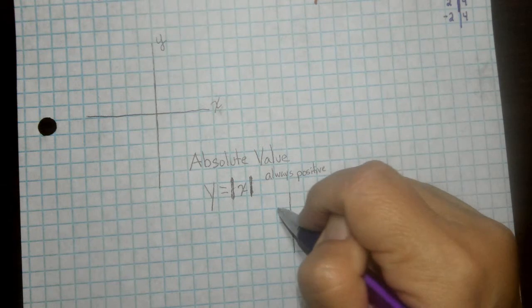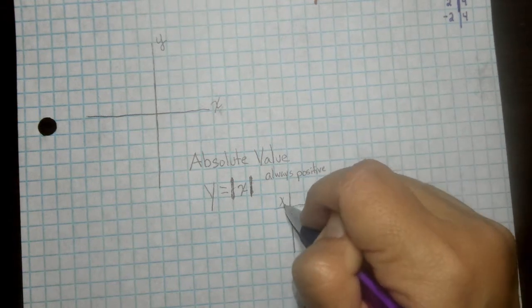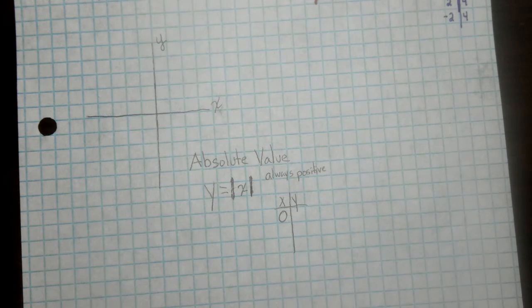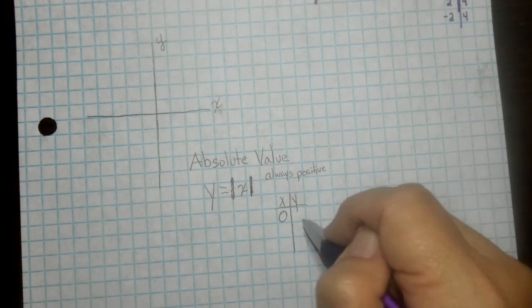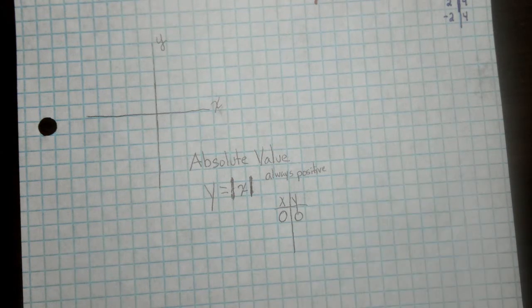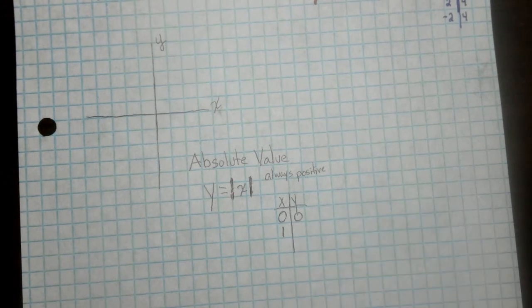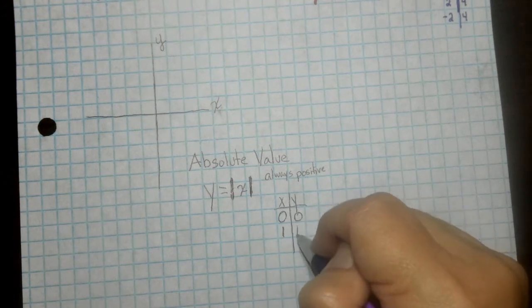So we'll make a little table, x and y. So if x is 0, how many spaces away are you from 0? 0. If x is 1, how many spaces away from 0 are you? You're 1 space away.